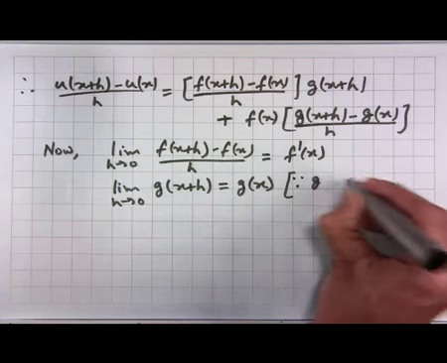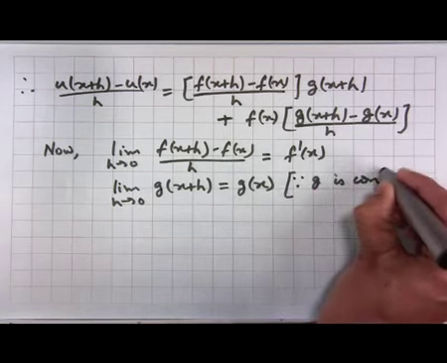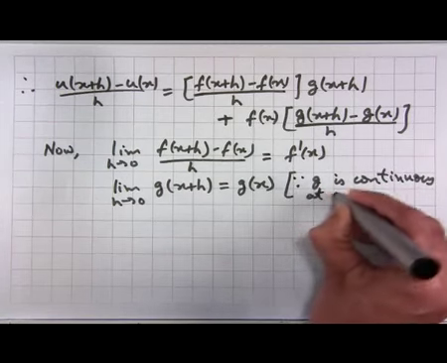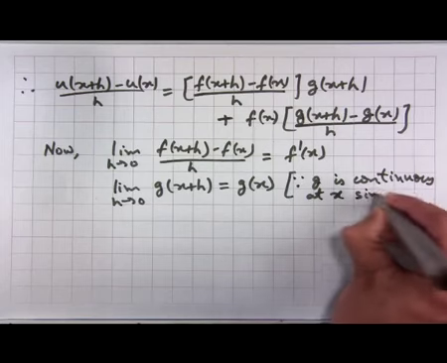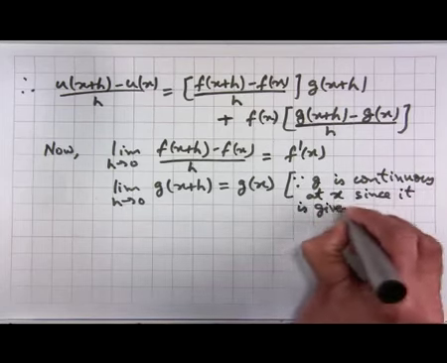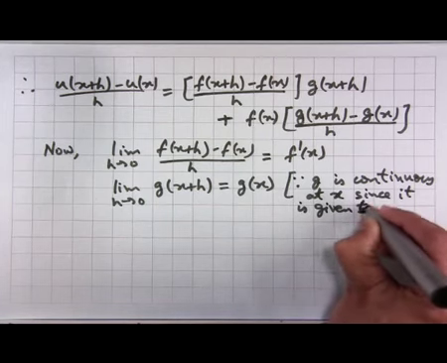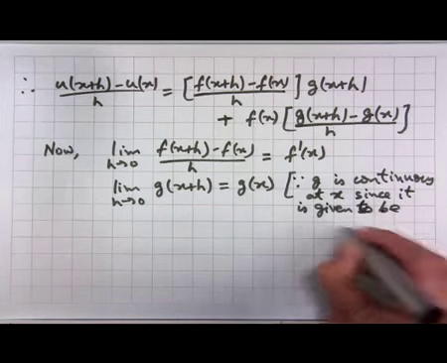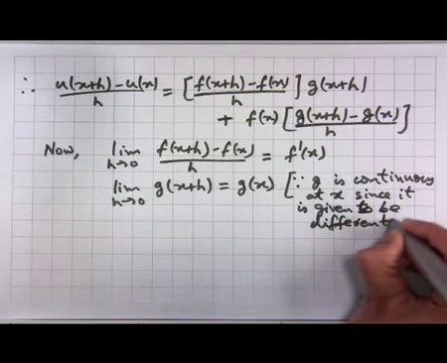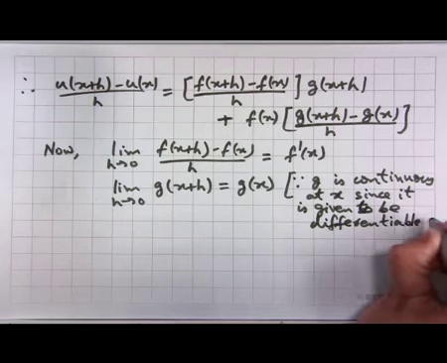g is continuous at x, since it is given to be differentiable at x, right.